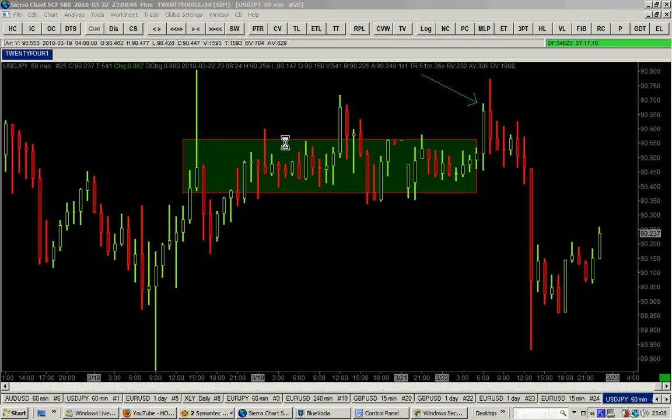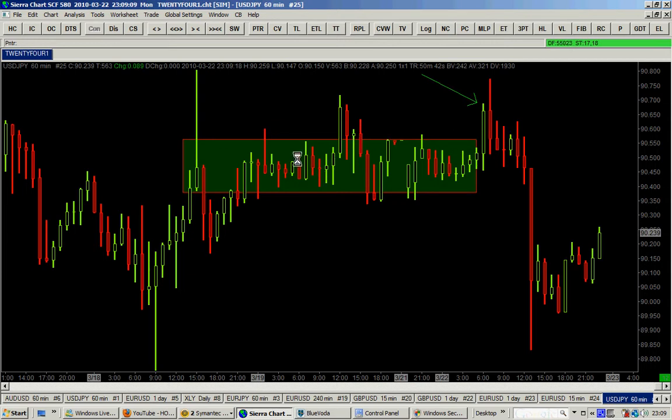If you follow my cursor here, you will see these green rectangles, and we can see that since the 18th of March, 19th of March, the price was just having difficulty to cross this level here.